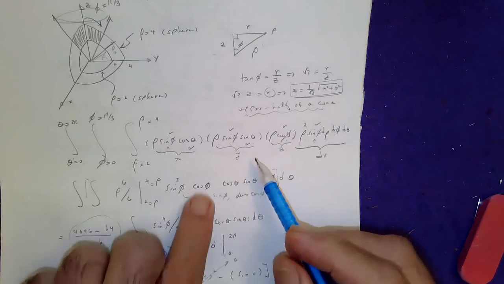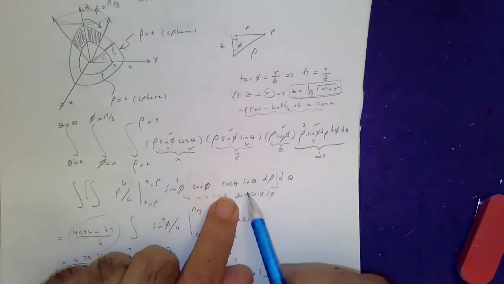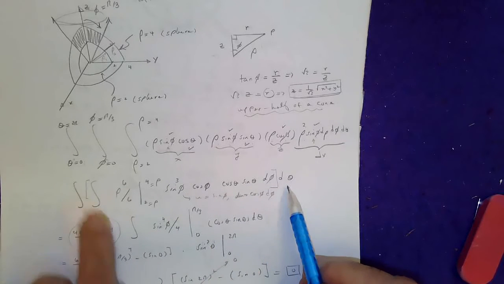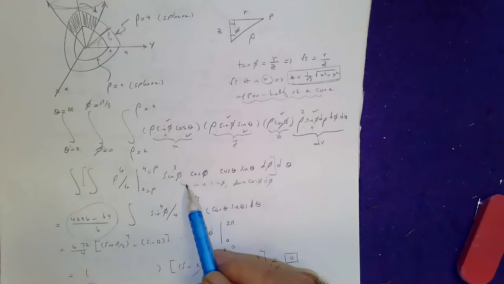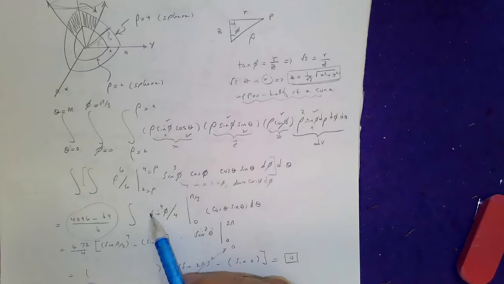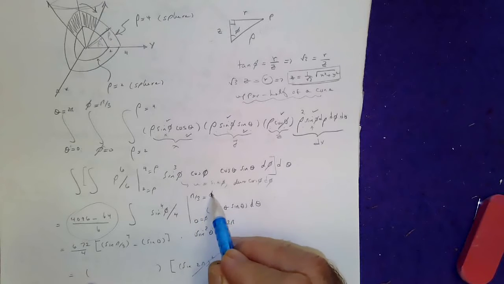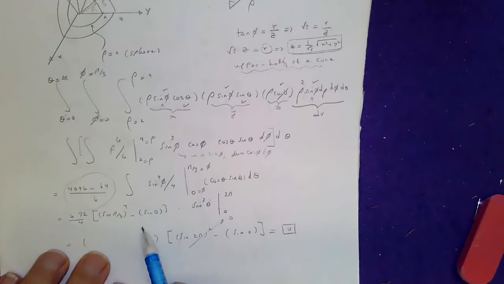And don't forget you still have cosine of theta and sine of theta for the last integral. So this would be u to the 4 over 4, so that's sine to the 4 phi over 4. But remember, phi goes from 0 to pi over 3. Evaluate that and put it on the side.